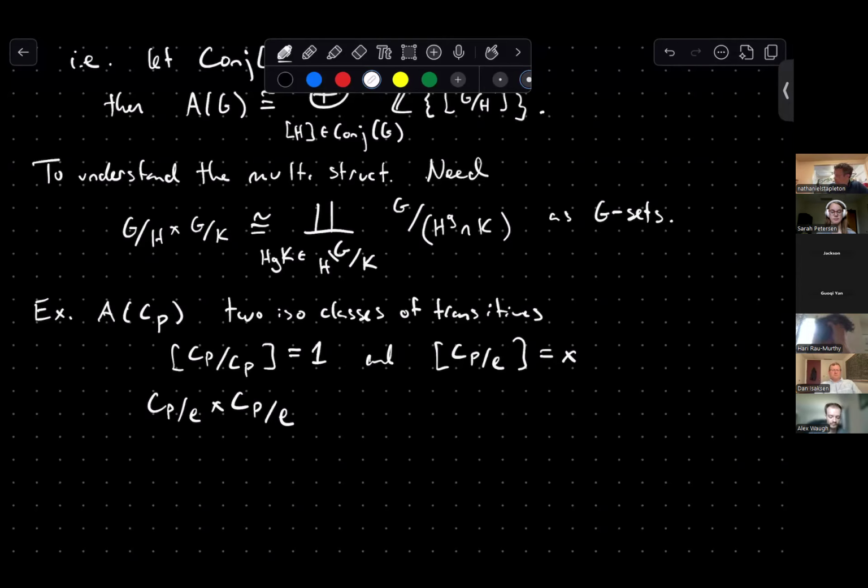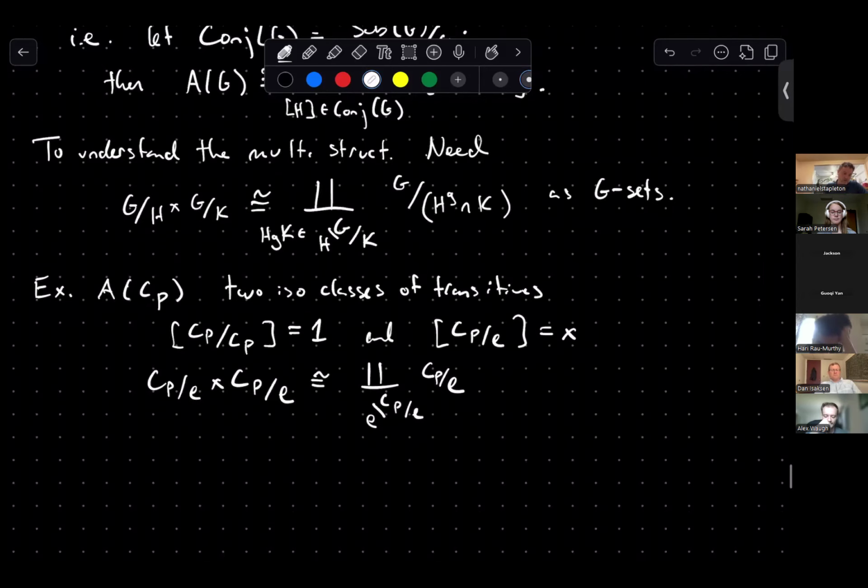Or we could use this double coset formula up here, which tells us that this is the disjoint union over CP mod E of CP mod E. And that's a disjoint union over P things of CP mod E. And so we learn that X squared is PX.